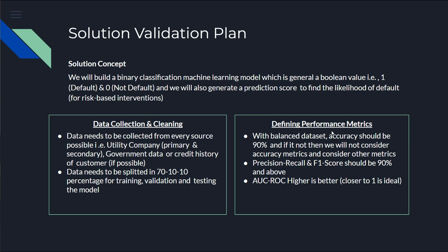Along with this, we will be looking at an AUC ROC value which is close to one. That will be the ideal condition, where this area under the curve value is coming closer to one.